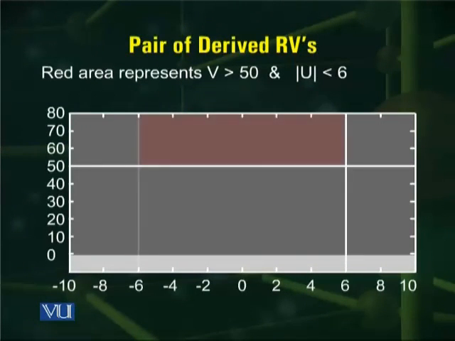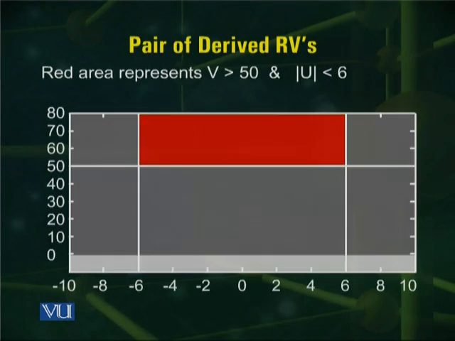So it's a rectangular region, a long strip with the lower boundary at V equal to 60, the left boundary at U equal to -6, and the right boundary at U equal to +6. It starts at V equal to 60 with a width of 12 and goes all the way to +∞ along the positive V axis.